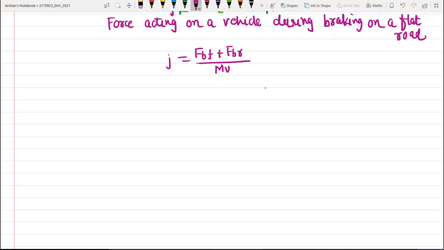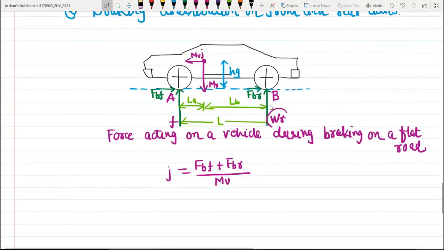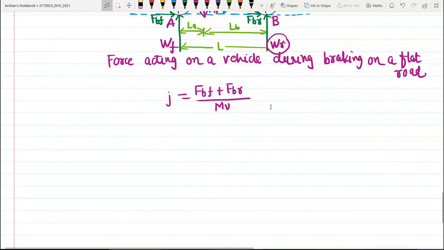Okay. So by considering the equilibrium of moments about the front and rear tire ground contact points A and B, the normal load on the front and rear axles, let us say WF and WR. Okay. So here, this is my WF and this is my W, right? So what will be the value now of this WF?